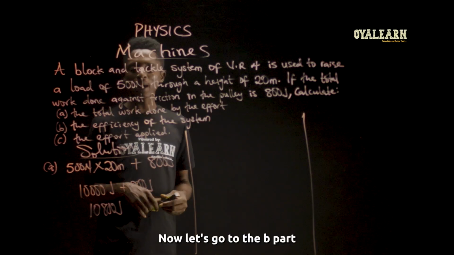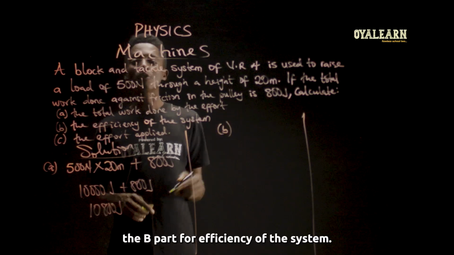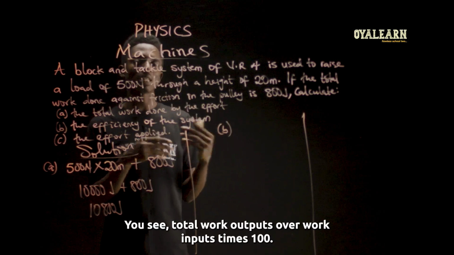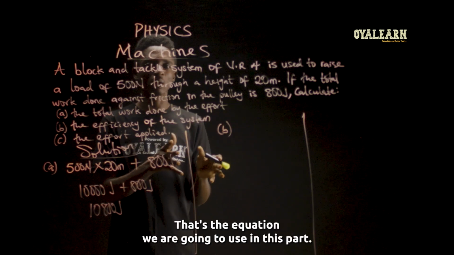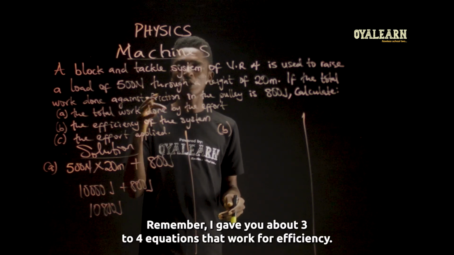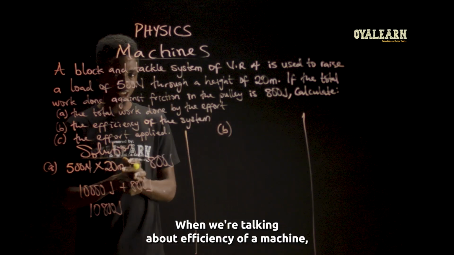Now let's go to the B part where we have to find the efficiency of the system. For efficiency of the system, you see total work output over work input times 100. That's the equation we are going to use in this part. Remember, I gave you about 3 to 4 equations that work for efficiency when we're talking about efficiency of a machine.